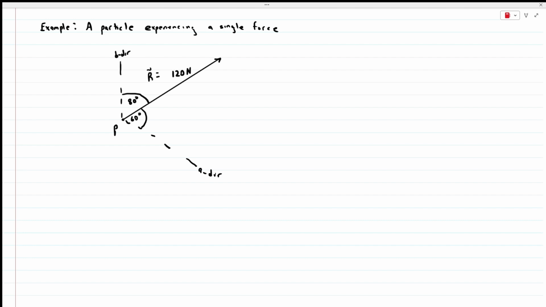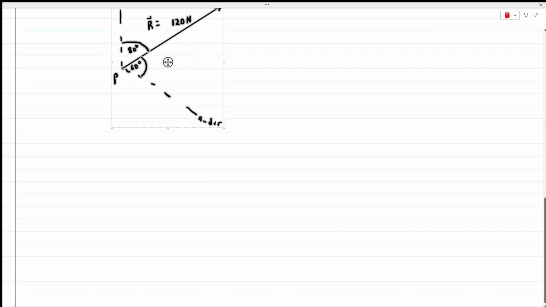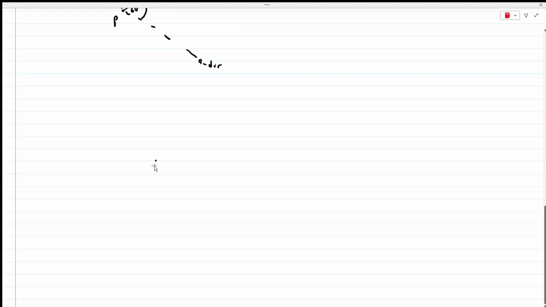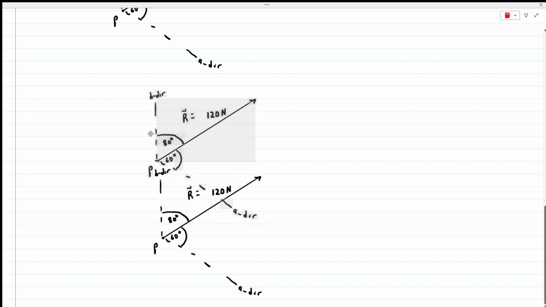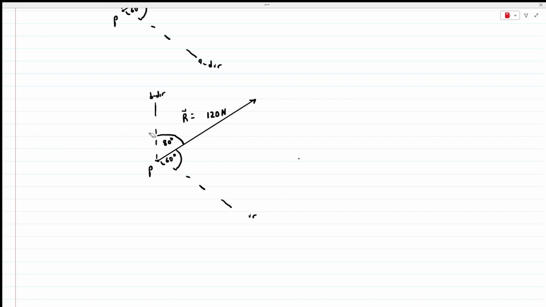So first thing, let's take a copy of this picture and let's paste it below. We have the A direction measured 60 degrees from the resultant R. And then we have the B direction, which is fully vertical.